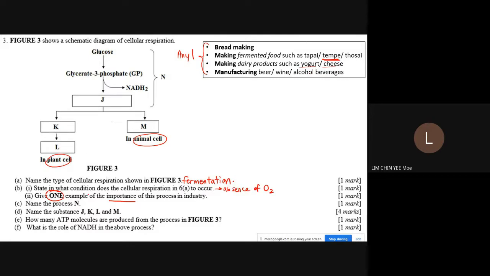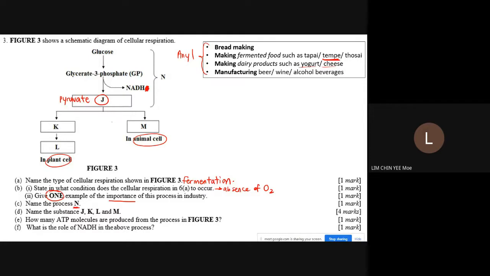And then now name the process N. Okay, let's complete this. Glucose and then glycerate 3-phosphate and then dia jadi last product ialah Pyruvate. And class, I will need you to correct the questions. Bukan NADH2, NADH.